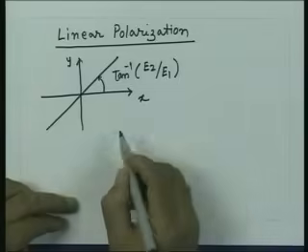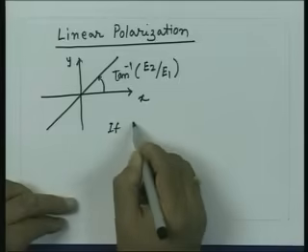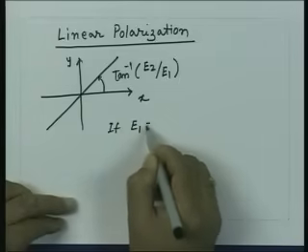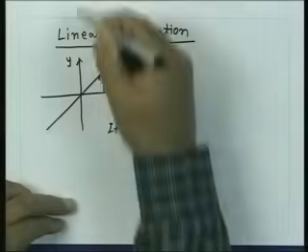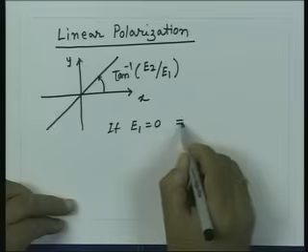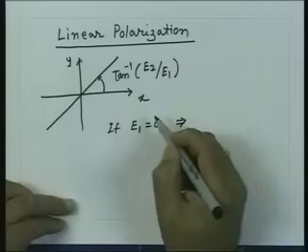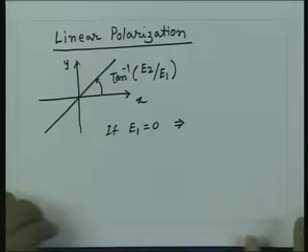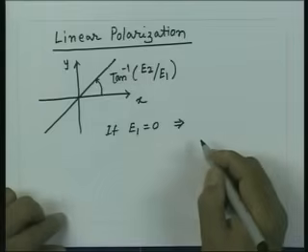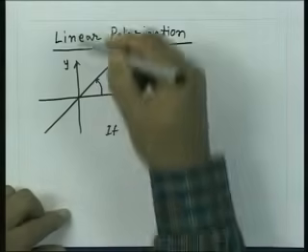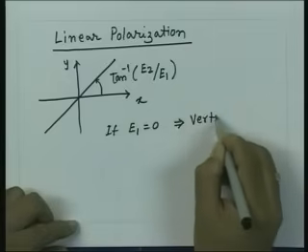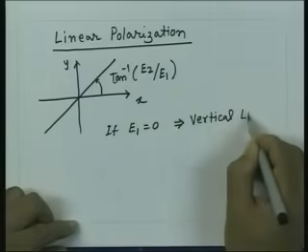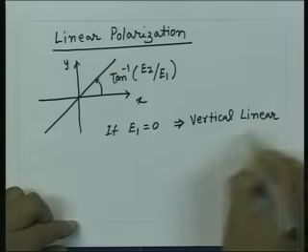So, as we saw, if E1 is 0, we get the slope 90 degrees, the line is vertical. In that case we get a polarization which is linear, and we call that polarization as the vertical linear polarization because the line is oriented in the vertical direction. So, we have in this case a vertical linear polarization.